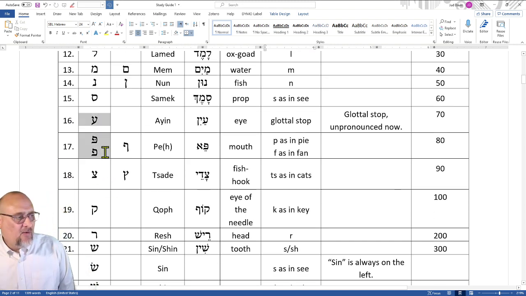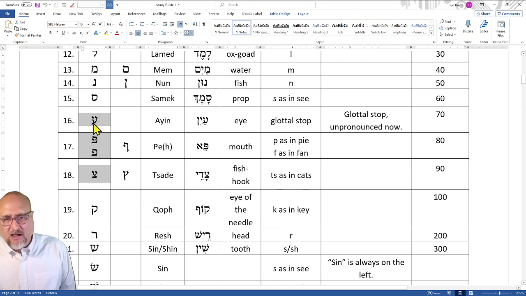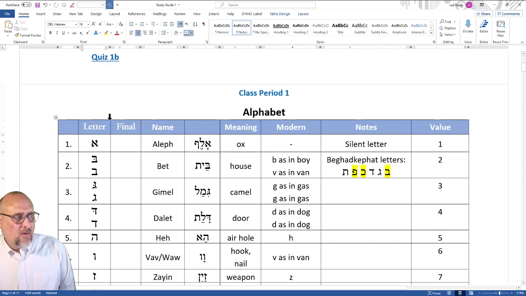Then I do these three together. And I don't know why I do them together. They kind of rhyme to me. But ayin, pei, tzadi. And this ayin, people call aleph a glottal stop.